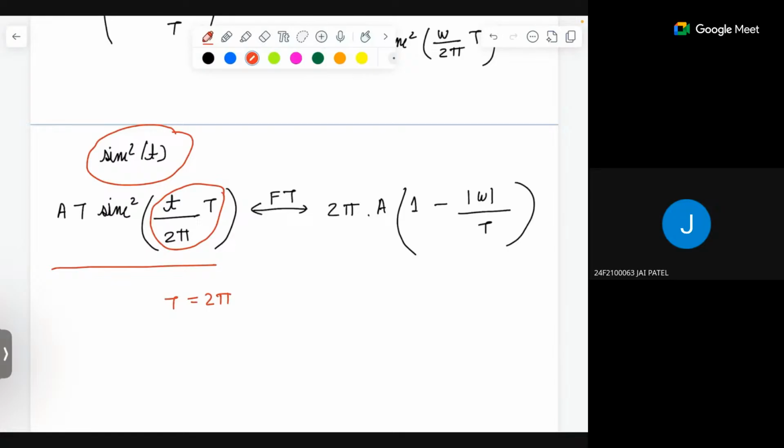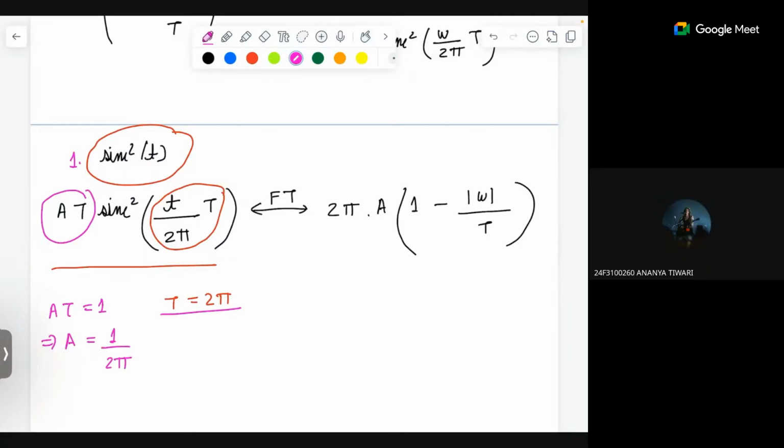Now, here the amplitude is 1, so capital A into T is 1. T I found out to be 2 pi, so capital A will be 1 upon 2 pi. Is that fine?